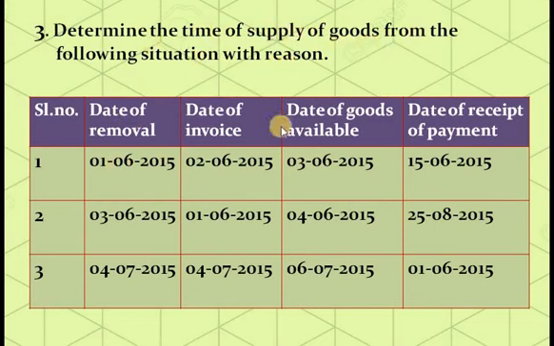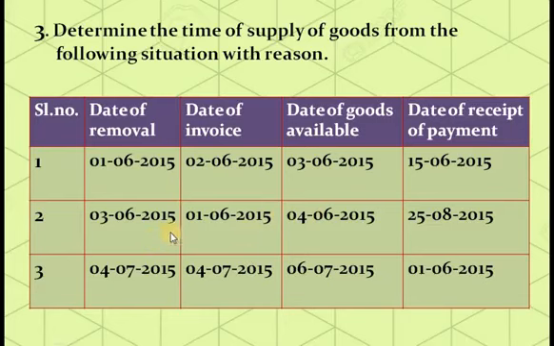Date of removal is given, date of invoice, date of goods available, date of receipt of payment. So 1st June, 2nd June, 3rd June, 15th June. Find out when is your time of supply. Next, 3rd June, 1st June, 4th June and 25th August.